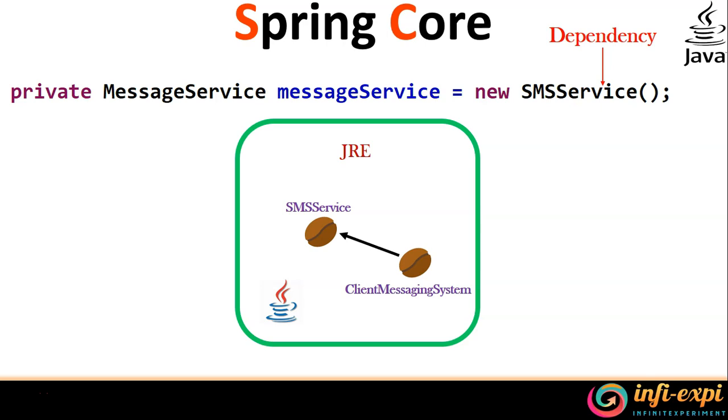So if you look at it here, the client messaging system is actually depending on SMS service instance. So client messaging system is manually going and knocking for the requirement of the SMS service instance. So here what the programmer has done is manually injected the instance inside the code of the client messaging system, and that creates a tightly coupled environment within the application. So client messaging system is tightly coupled with SMS service.